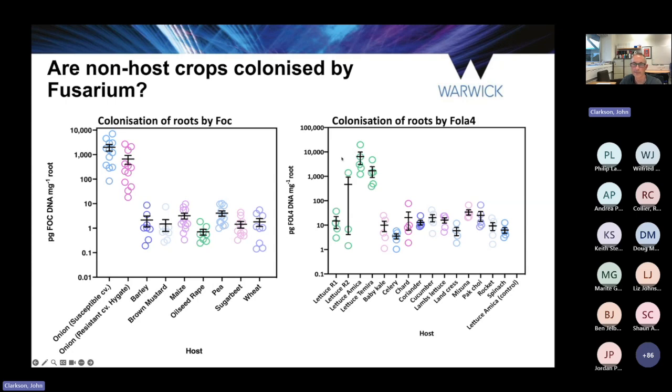And of course, we get a much higher signal here for susceptible lettuce types. So again, that does raise the question about how efficient rotation plants might be in reducing inoculum if some of those root systems can be colonised by these Fusarium pathogens.